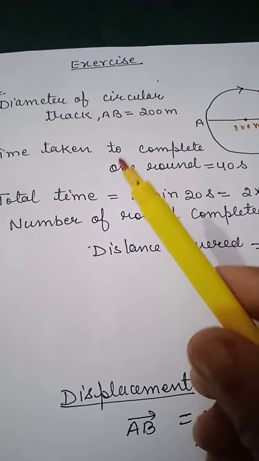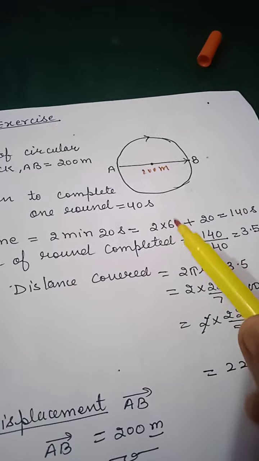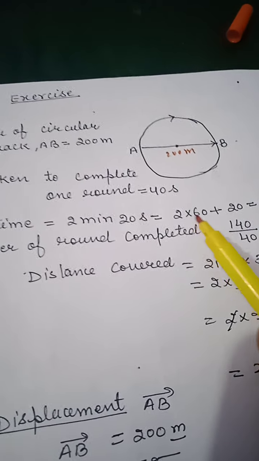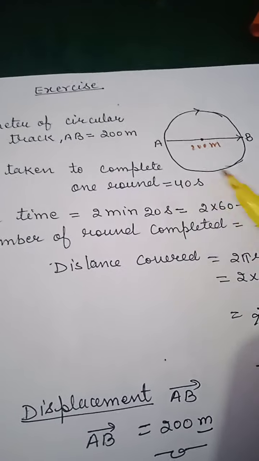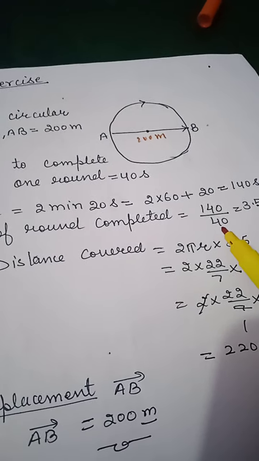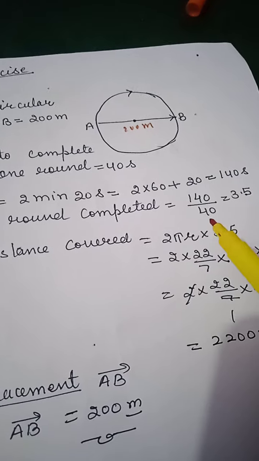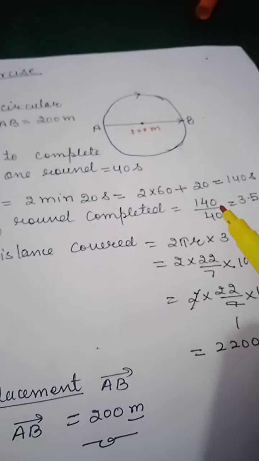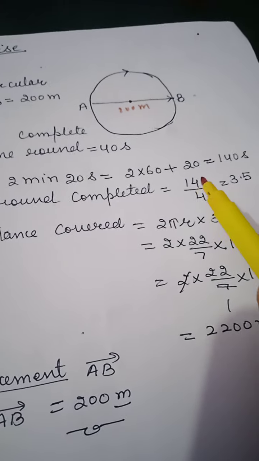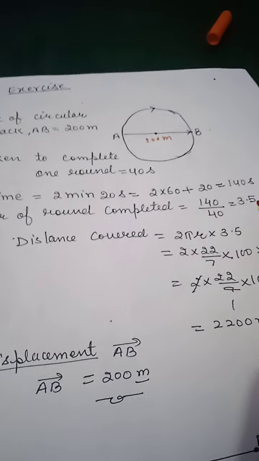So from here we can calculate the number of rounds completed. The number of rounds is the total time upon the time taken to complete one round, that is 140 upon 40. Zero with zero cancel, and we get 7 by 2, which is equal to 3.5.